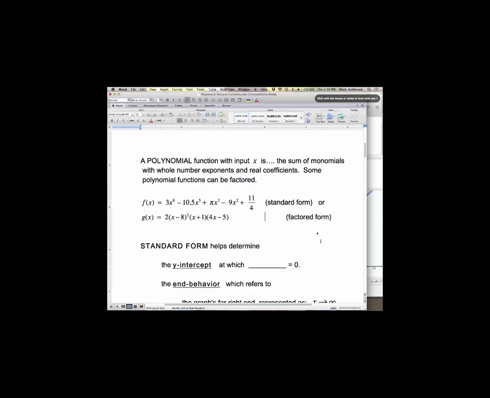The y-intercept. What would be true about the y-intercept of a polynomial? So here's just a sketch. What would be true about the y-intercept?